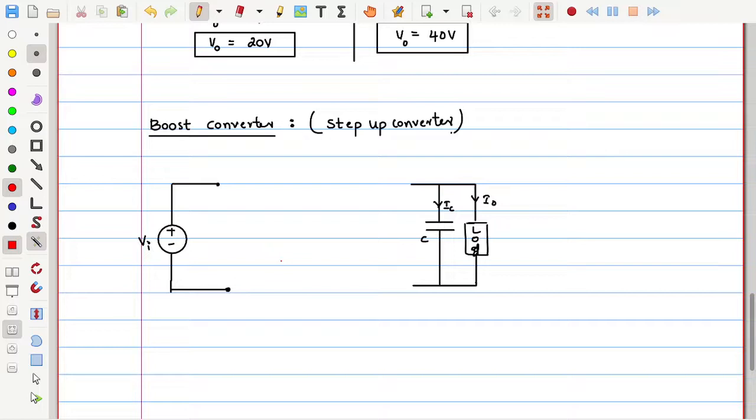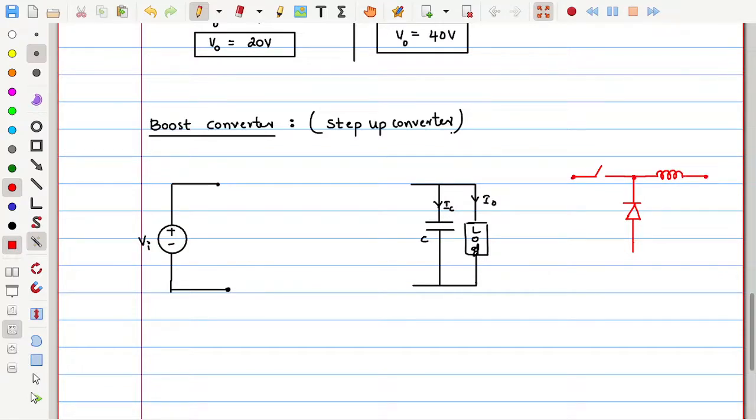These converters are mostly built by turning those things in some clockwise or anti-clockwise way. Previously, one switch was there, let me put it over here, and one diode was there, in this way, and one inductor was there like this.